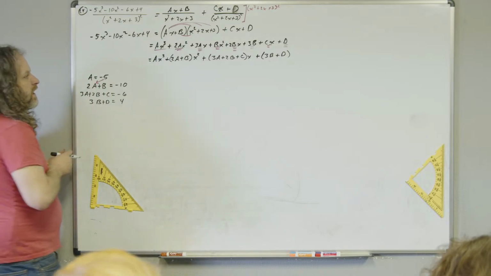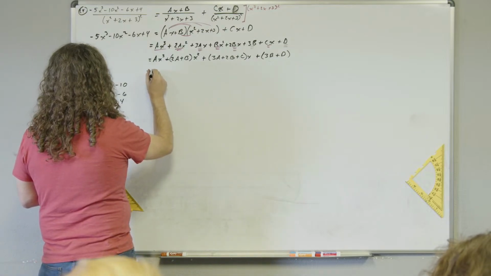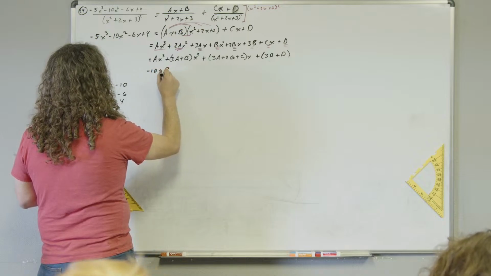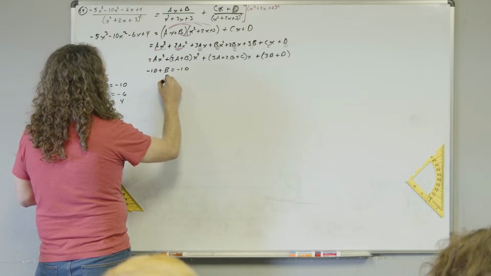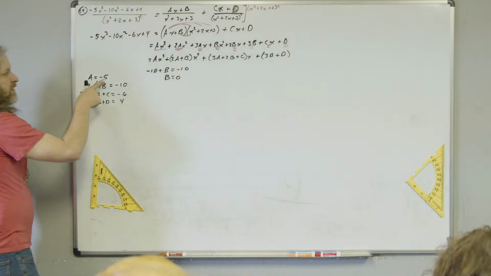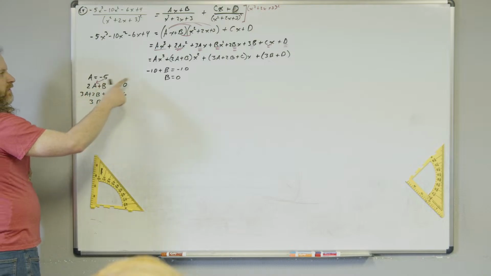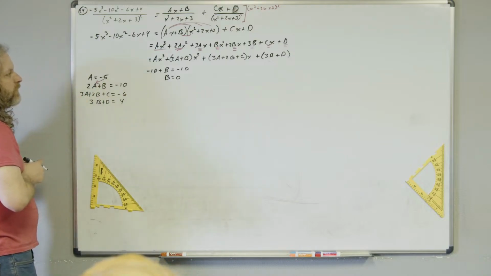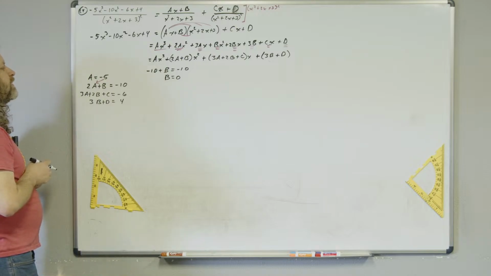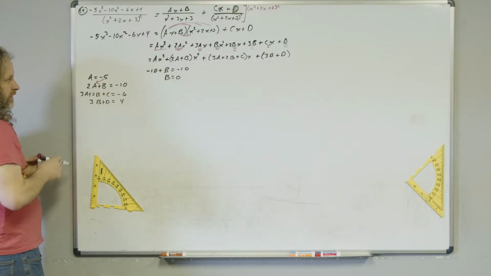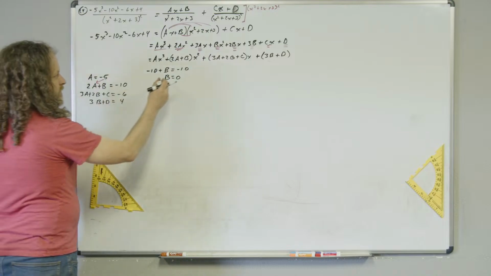So then we've got -10 plus b equals -10. So b does equal 0. We substituted -5 in here, 2 times -5 is -10. Which is grand. And then we substitute b into this one, then it's 4.